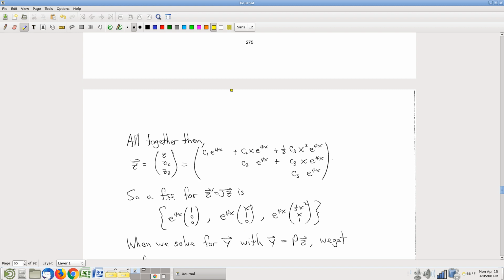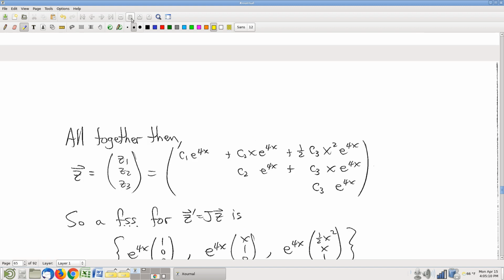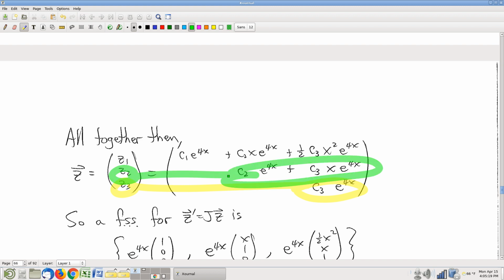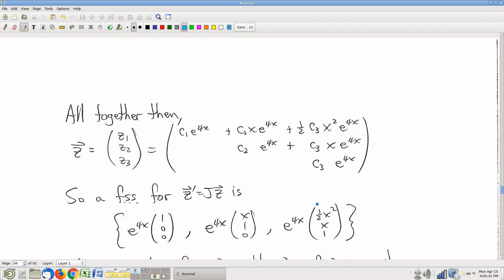Finally, assembling your answer together, you notice we solve for z3 first, then we solve for z2. I'm going to leave it to y'all to solve for z1. It ends up being this. And those are the coordinates of your z vector. Assemble them together. For linear algebra purposes, let's rewrite those.